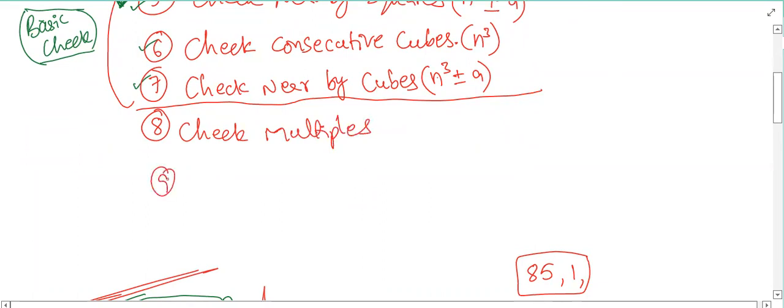And point number 9 is check the differences. Here check the multiples.